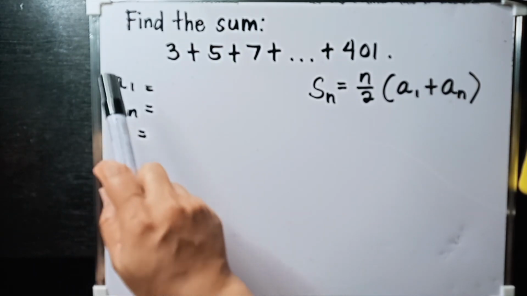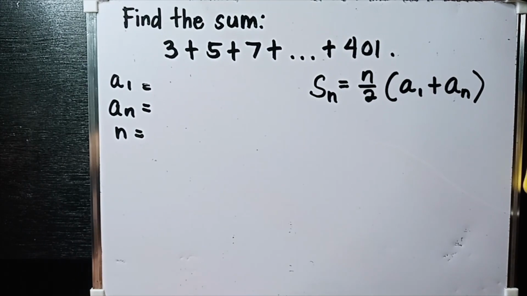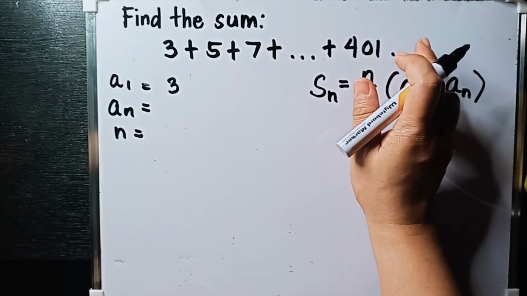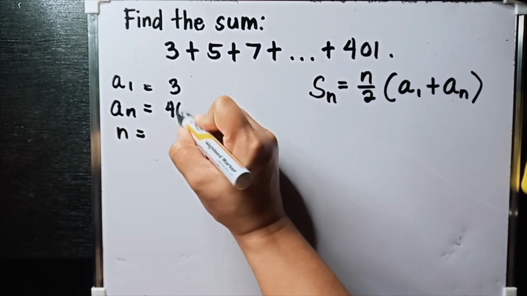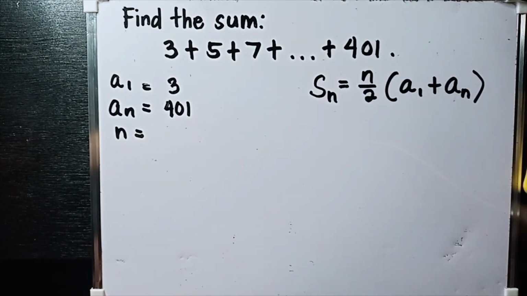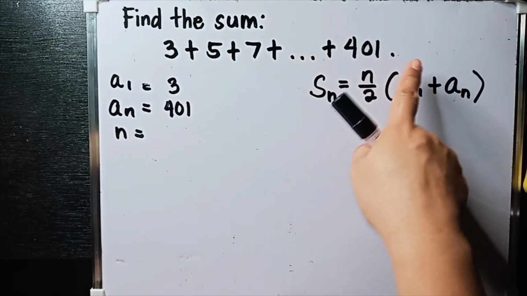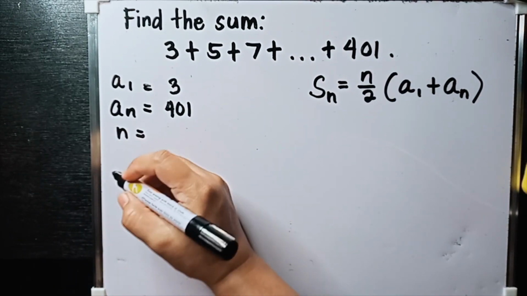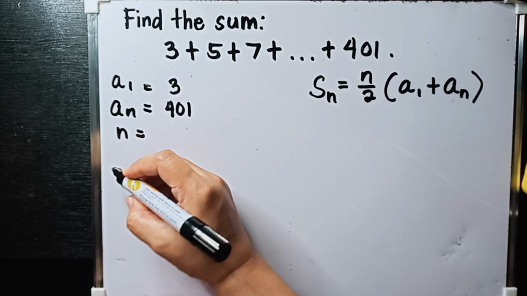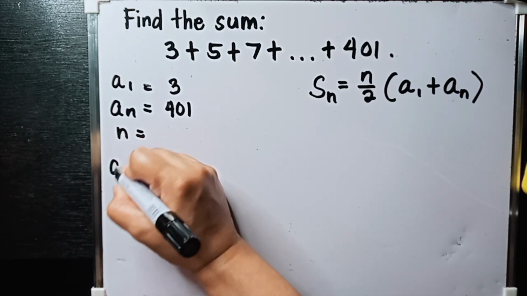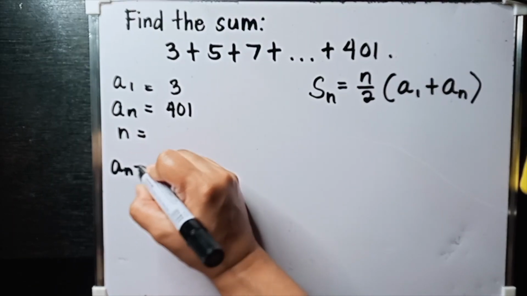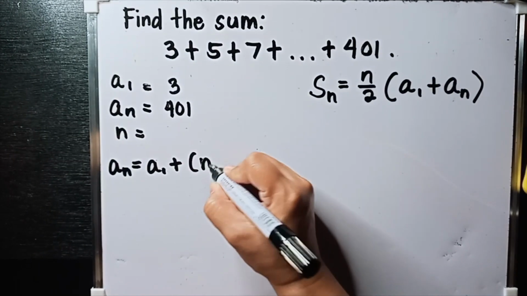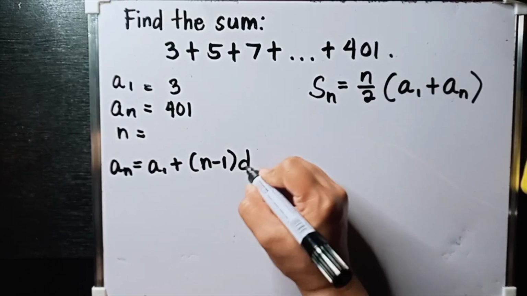Identify natin yung ating first term, which is 3. Yung last term natin is 401. So, since yung n natin is unknown, let us try to recall yung ating formula for the n term of arithmetic sequence, which is a sub n equals a sub 1 plus n minus 1 times d.